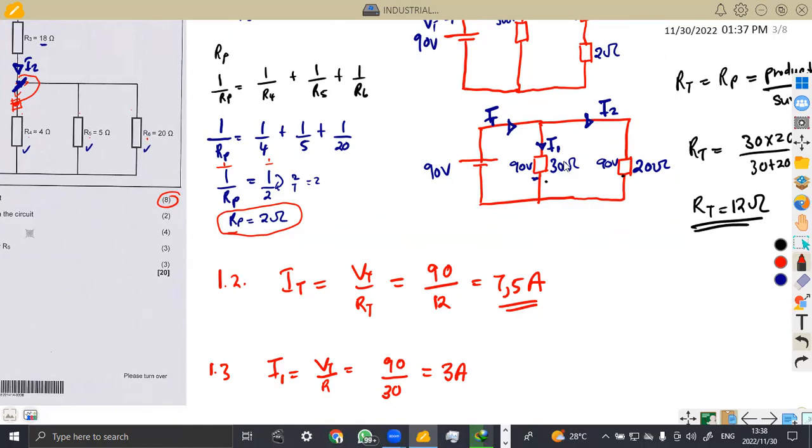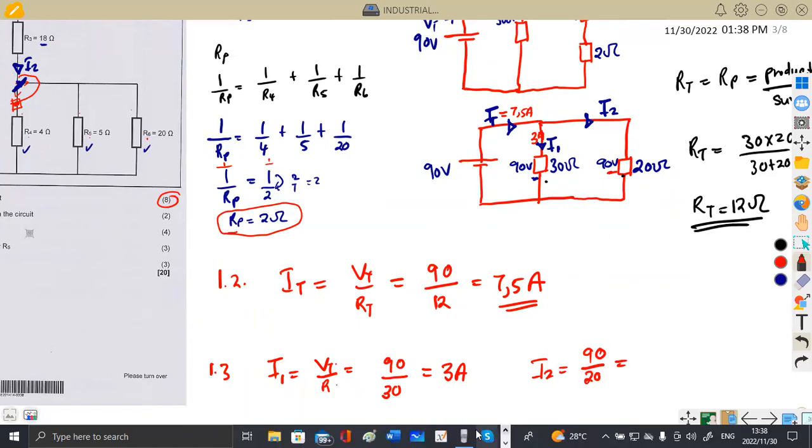I2, we can subtract, since it is the supply. We have got a supply of 7.5 amps, and this is 3 amps. So you can subtract 7.5 minus 3. Or we can calculate I2 using the same concept, voltage over resistance, because we've got the same voltage of 90 volts, but now we've got a resistance of 20.